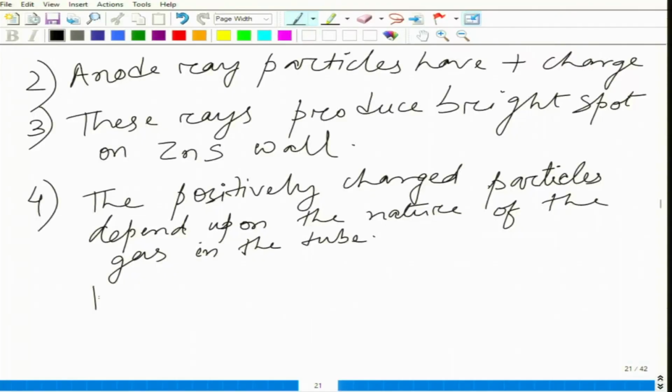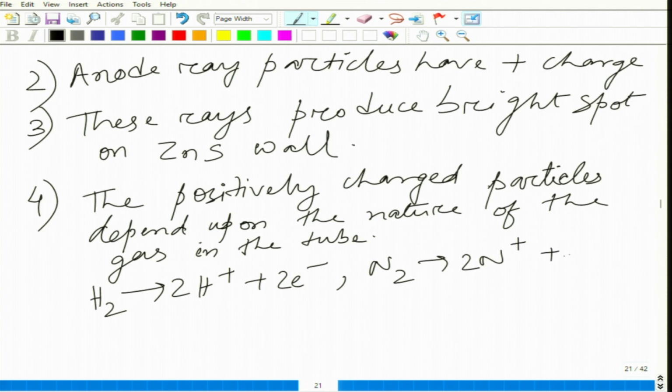But for cathode ray experiment, it was not like that. The results were constant. Why? Because if we see the dissociation, for hydrogen, we see 2H plus and 2 electrons. For nitrogen, it will be 2N plus and 2 electrons.